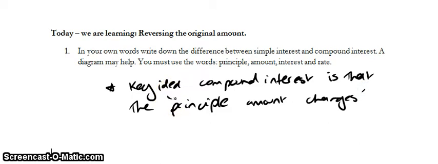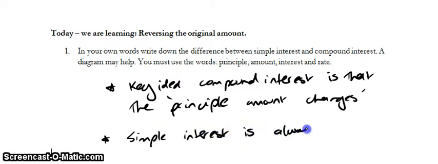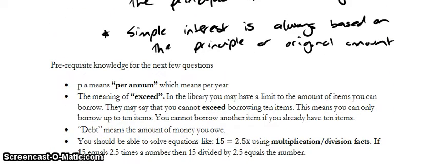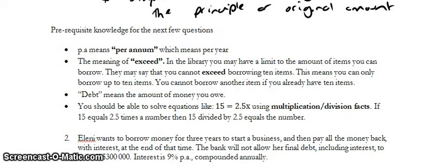After whatever the time period is, your new amount is the amount that you're working with. And then simple interest is always based on the principal or original amount. Okay, so you should write that down. And that's the prerequisite knowledge that you should have read through.